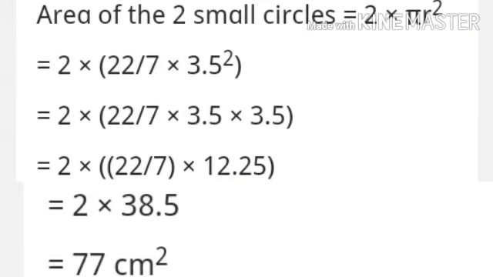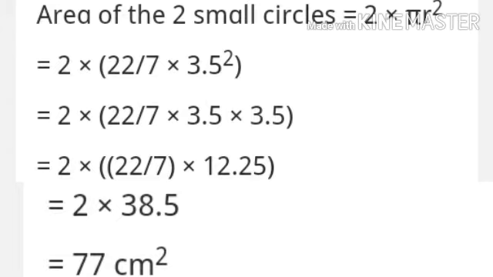Area of the two small circles is equal to 2 into pi r square. So 2 into 22 upon 7 into 3.5 square. 3.5 square means 3.5 into 3.5. So 2 into 22 upon 7 into 3.5 into 3.5 is equal to 2 into 22 upon 7 into 12.25, which is 2 into 38.5.